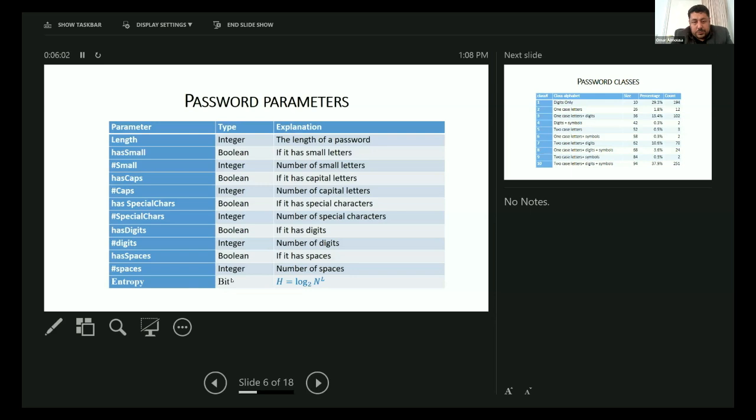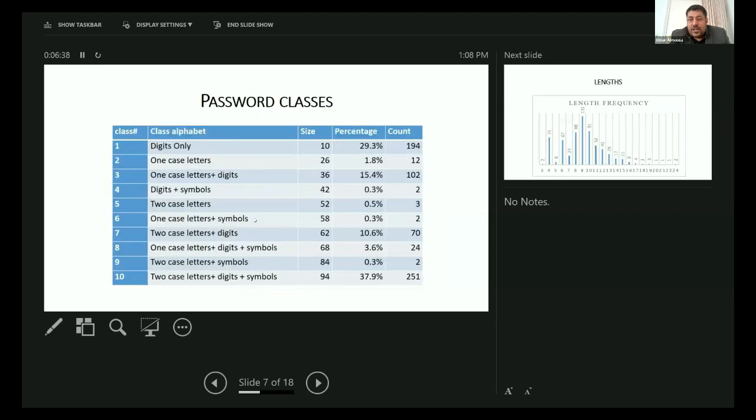For passwords, L is the length of the password, while N is the size of the whole alphabet. The alphabet varies according to which character set is used to generate the password. If you only use digits, your alphabet size is 10, while if you use only small letters, no digits or symbols, it is 26, and so on.